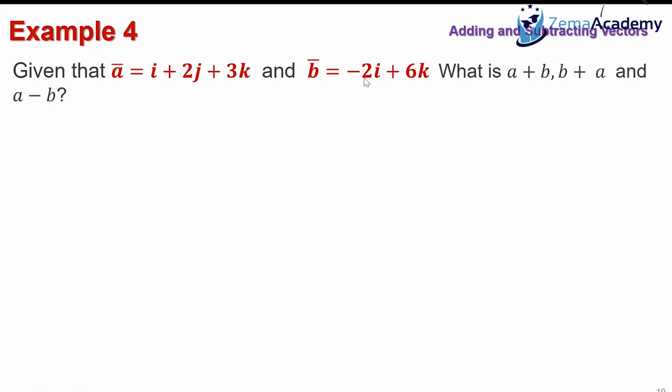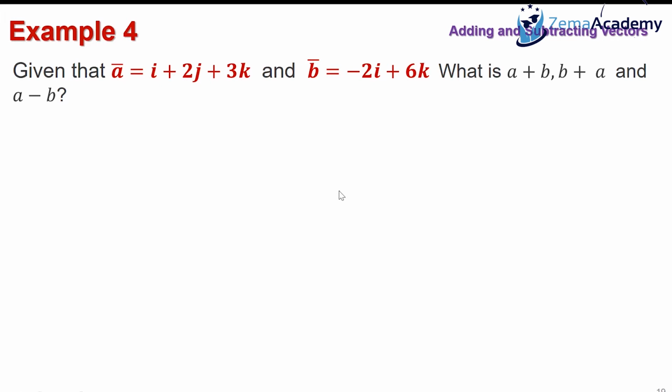So it has an I component, a directional component in the X direction, and a directional component in the Z direction. It doesn't have a component in the Y direction. It doesn't matter. You can do the mathematical operation in this case also.